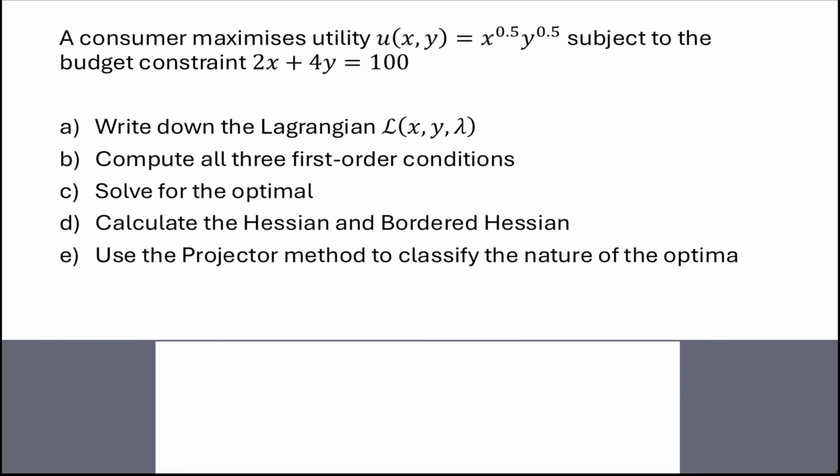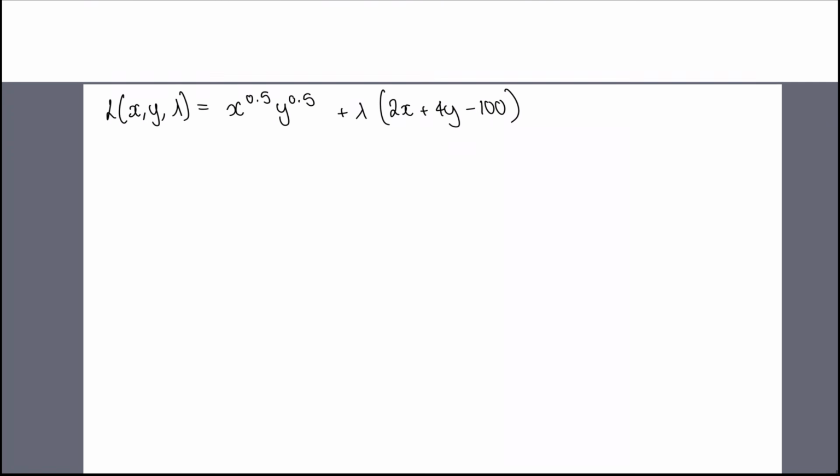Cool. If we write down the Lagrangian, we get x to the power of 0.5, y to the power of 0.5 plus lambda times 2x plus 4y minus 100. We always want to make the constraint equal to 0. If we now compute all the first order conditions, we partially differentiate the Lagrangian with respect to x, which gives us 0.5x to the power of minus 0.5 multiplied by y to the power of 0.5 plus 2 lambda.